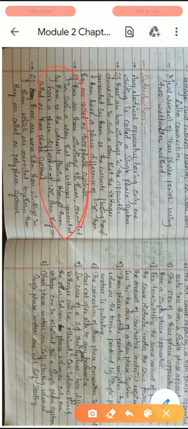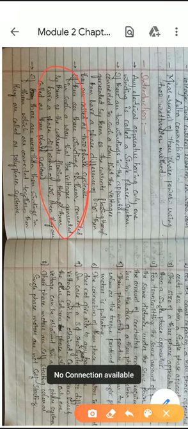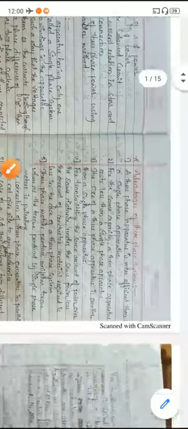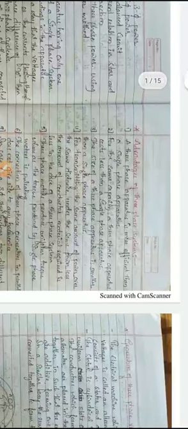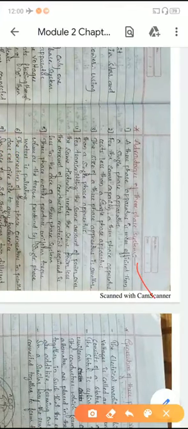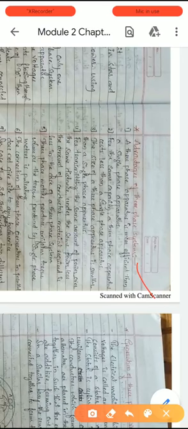Once again, I will explain what we mean by three-phase. It should have three windings, and the current or voltage generated by them should have a 120 degree phase difference. Those circuits are called three-phase systems. Now we'll come to the syllabus: advantages of the three-phase system over single phase.